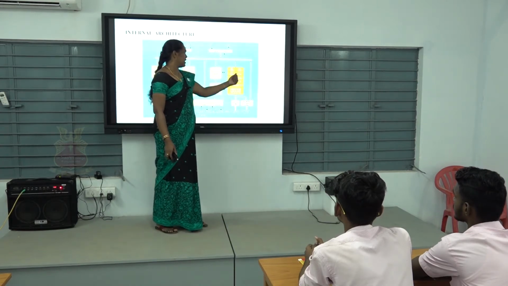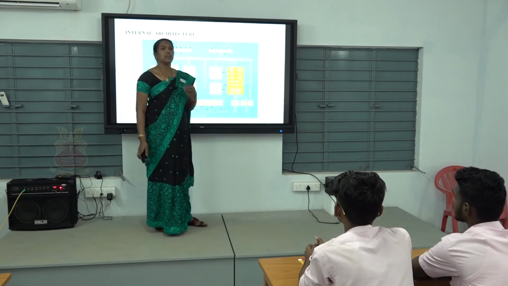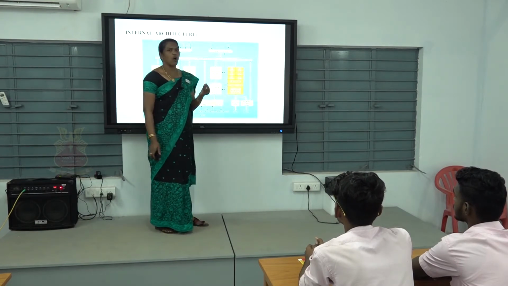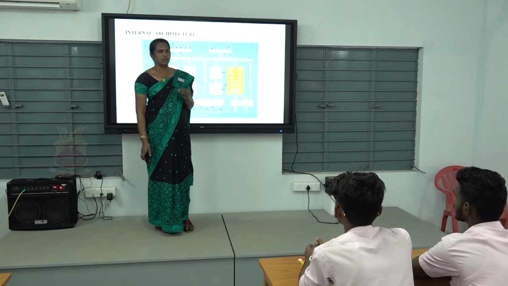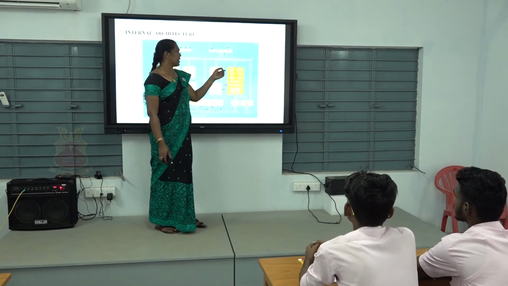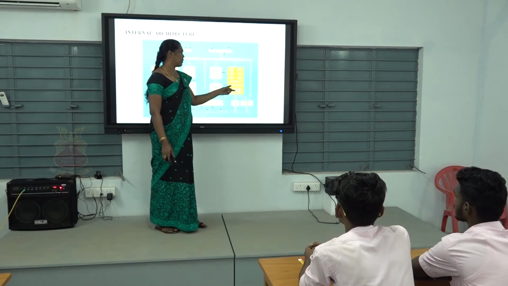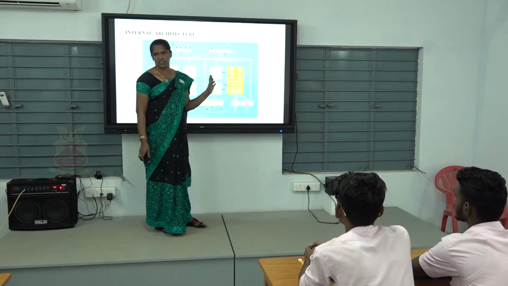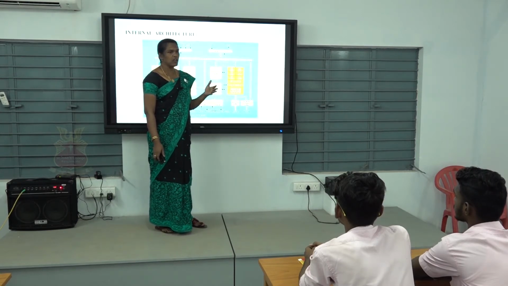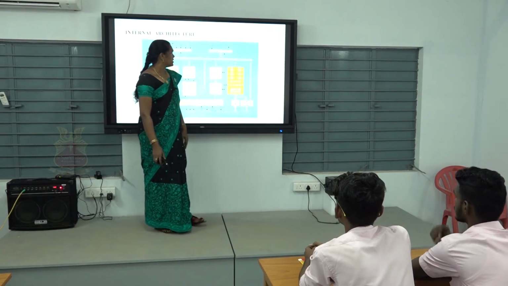A, B, C, D, E, H, L are all 8-bit registers. But if we want to add, subtract, multiply or divide 16-bit numbers, we use BC, DE, HL, stack pointer SP and program counter PC as 16-bit registers. These are all 16-bit registers.